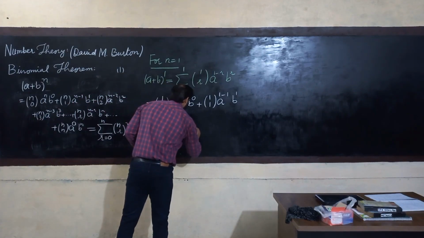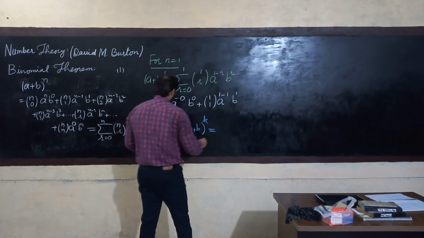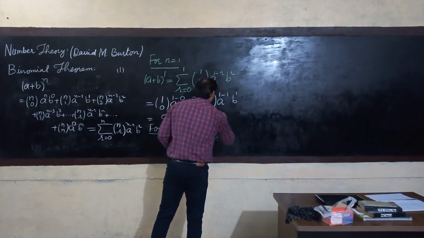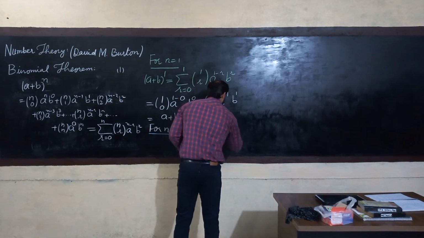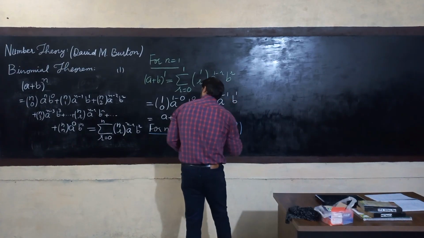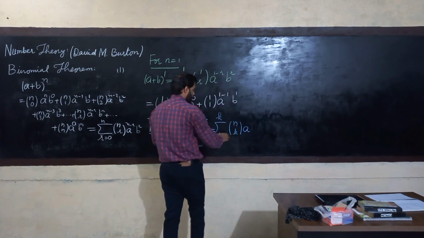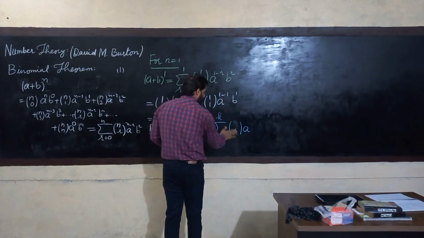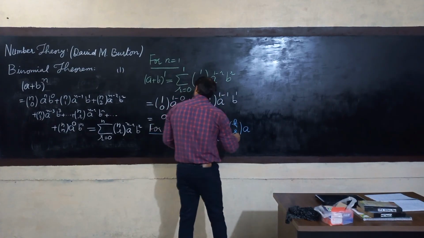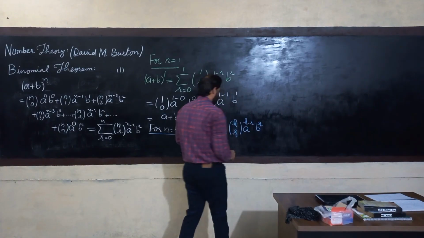It means a plus b whole power k is equal to summation r is equal to 0 to k, k choose r, a raised to power k minus r b raised to power r.